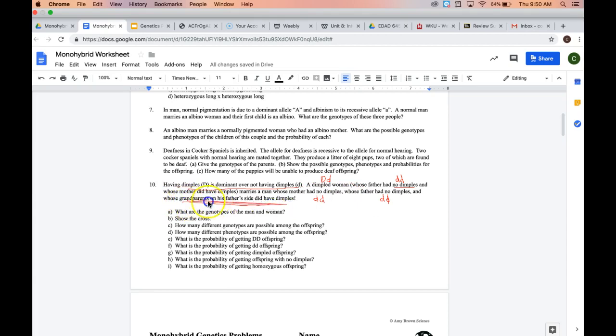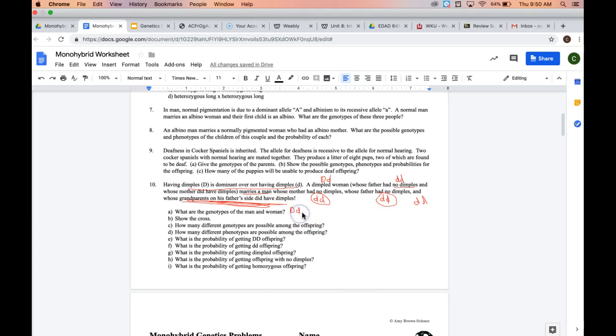This does not even matter. So if this man that she married, it doesn't tell us whether he had dimples or not, but if the mother had no dimples and the father had no dimples, the man had no dimples.